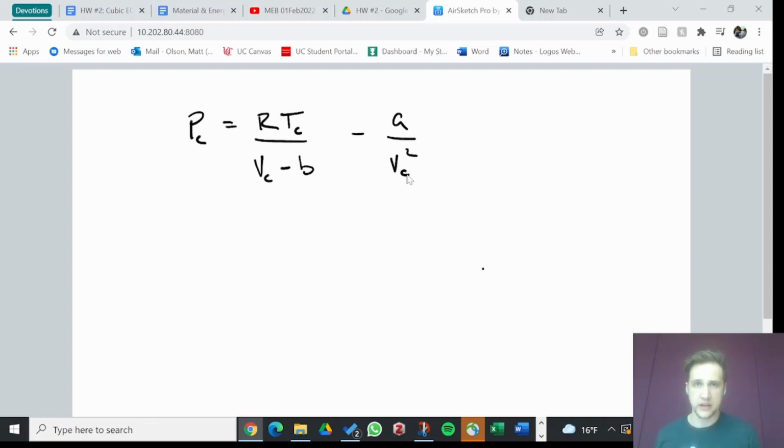So let's go ahead and start now with the first derivative. We're going to take the partial derivative of pressure with respect to volume. And this is all happening where the temperature is equal to the temperature at the critical point. And that is going to end up equaling 0.